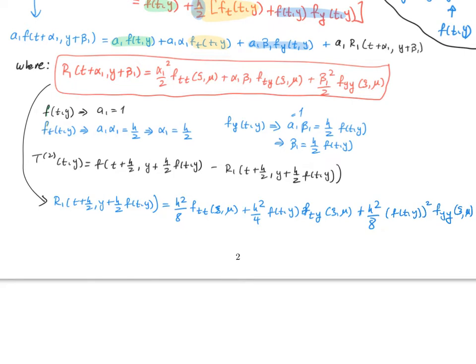Now remember that all the second derivatives are bounded because they are continuous. So therefore this implies that this is big O of h squared, which is the same as the Taylor method of order 2 that we did in the last section.